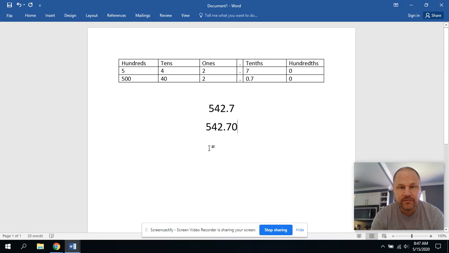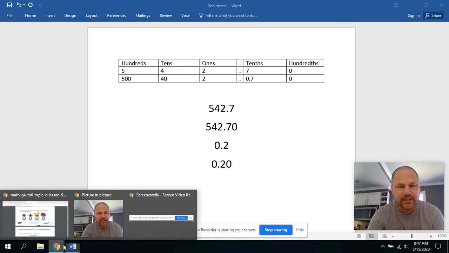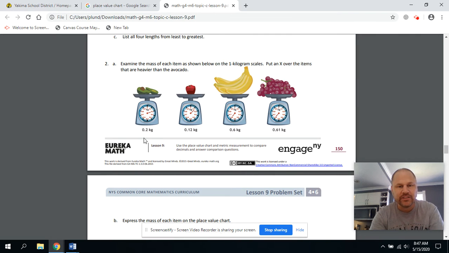Because this 0.2 is the same as if we were to go back here and say 0.2 is equal to 0.20. They're the same, right? So you look at this and you see that since this is just 0.20, 20 hundredths is bigger than 12 hundredths, right? 6 tenths, that's 60 hundredths, right? 61 hundredths.